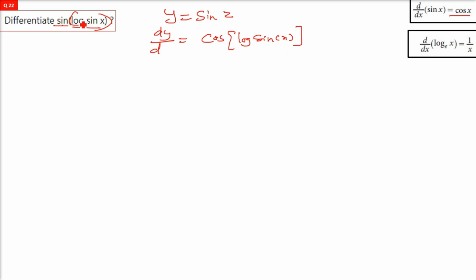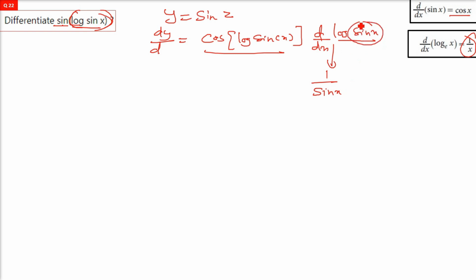In the chain rule, now you have to differentiate the log sin x. So d by dx of log sin x will be, because log x is 1 by x, 1 by sin x. Whatever is inside log goes in the denominator. Now you will not leave it here.